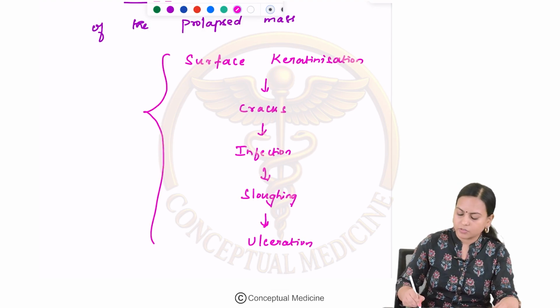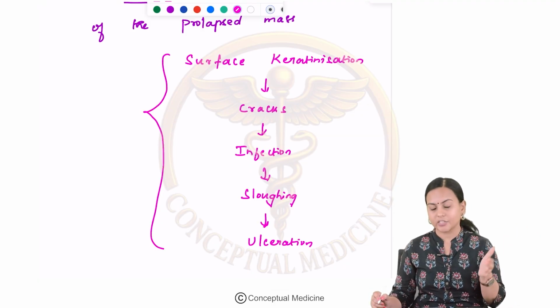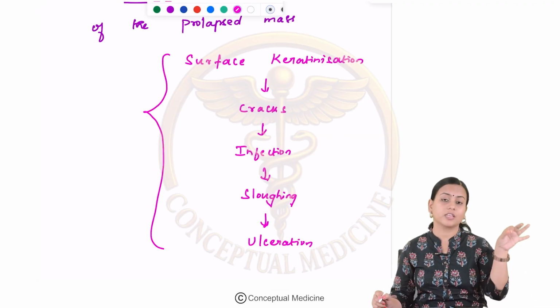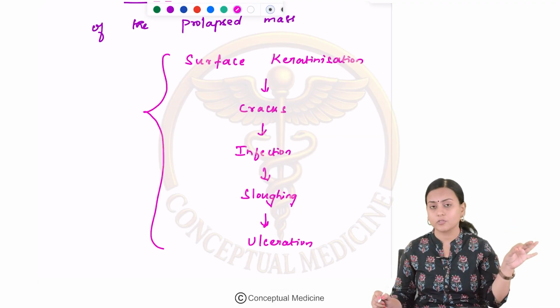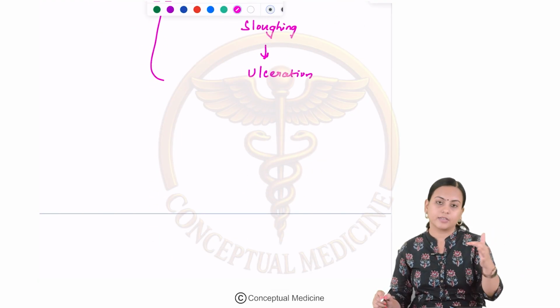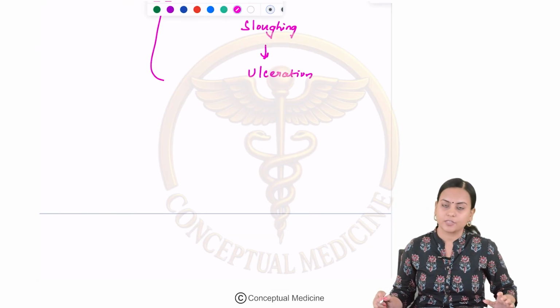So this is all about decubitus ulcer. There is surface keratinization, and because of this keratinization the cracks will form through which the infectious organisms ascend and cause infection, and finally the infected area will slough off and lead to formation of an ulcer, which is known as a decubitus ulcer in a case of prolapse.